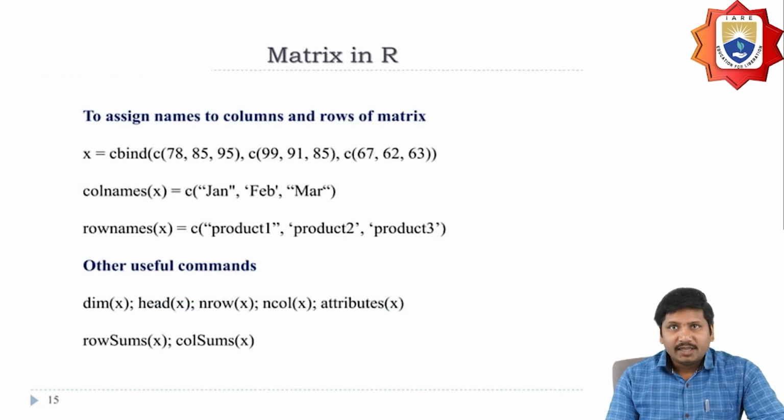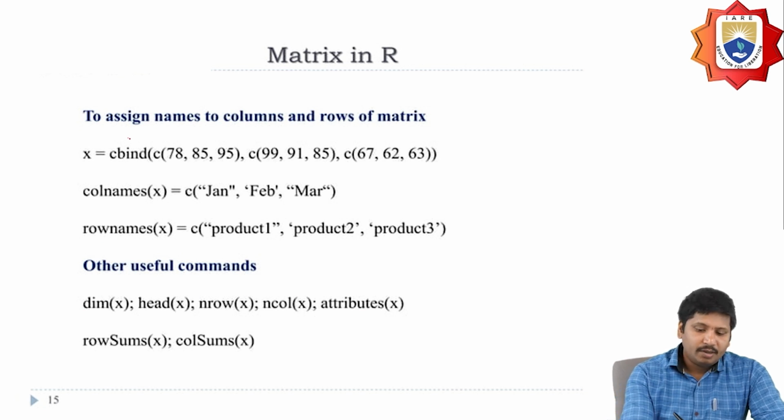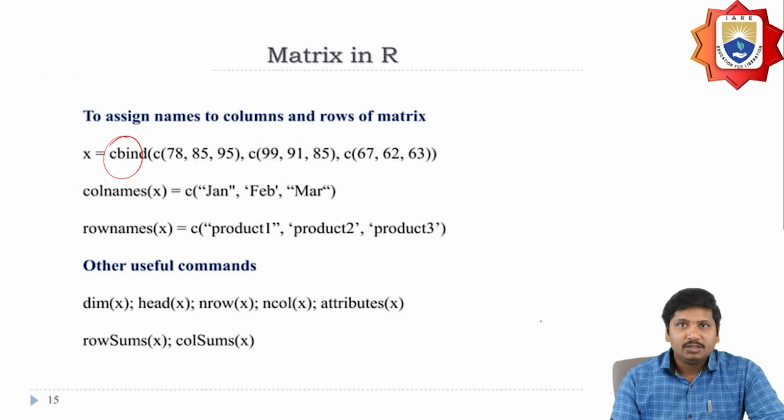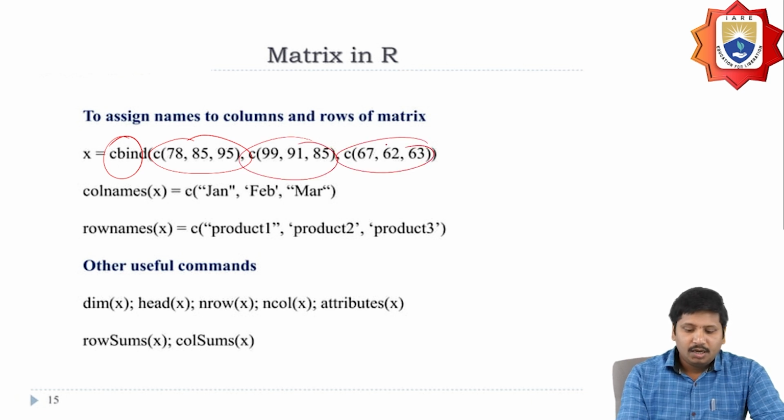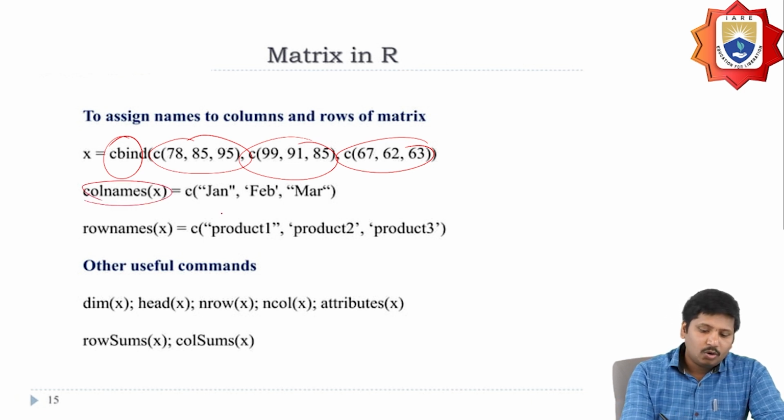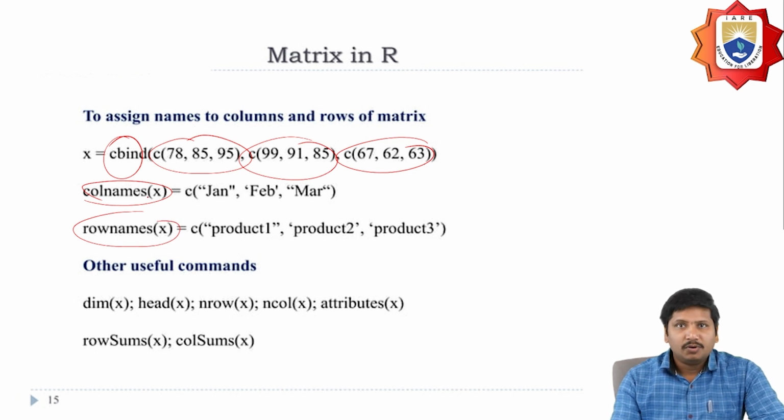So I can assign the values to the columns and rows of the matrix. For that also I can make use of the cbind function. We have to combine the three vectors here and I have to specify the column names. So how can we assign the names? We have attributes like colnames of x and then rownames of x.